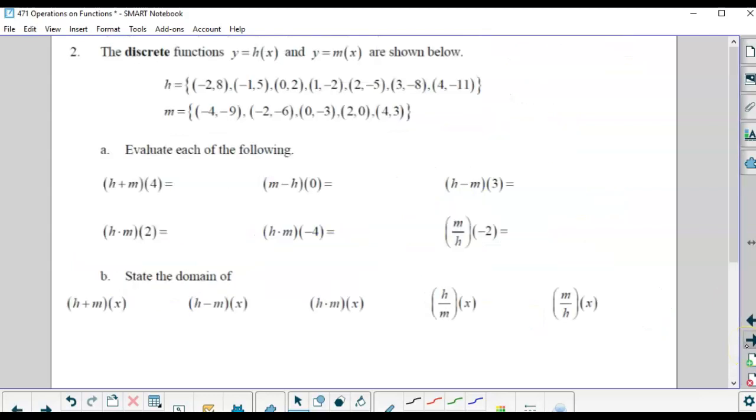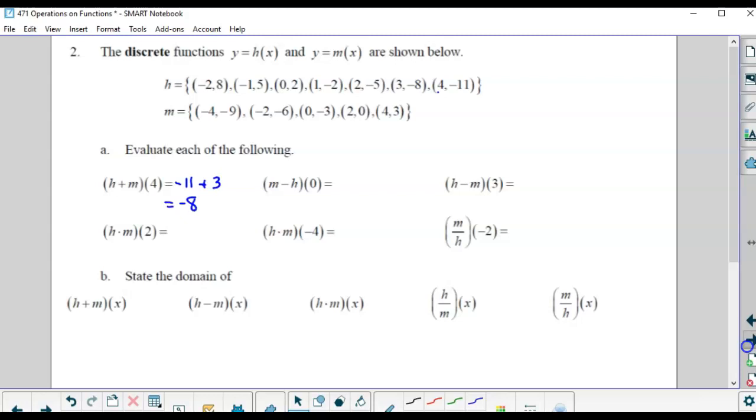All right, discrete functions. So that was a graph. Now we'll look at discrete. So we've got h and m, and we need to do the same thing, evaluate each of them. So this means, what's h of 4 plus m of 4? You look at h, when x is 4, what's y? Negative 11. M, when x is 4, y is 3. So that's negative 8.